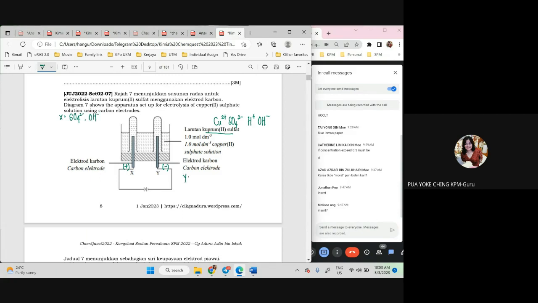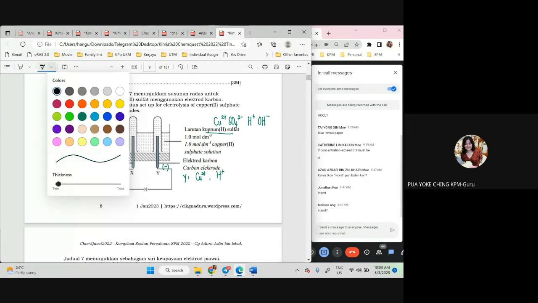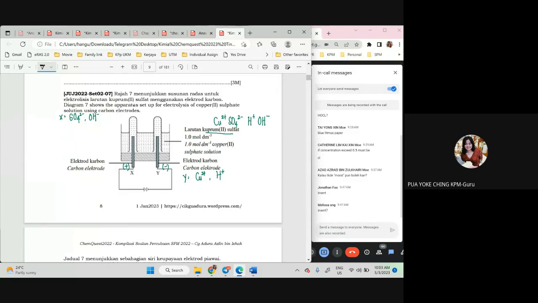Dekat Y, cikgu ada Cu2 plus dan H plus. So, macam biasa, identify dulu ini positive terminal, attract anion. So, sini ialah anode. Dia mesti oxidation.